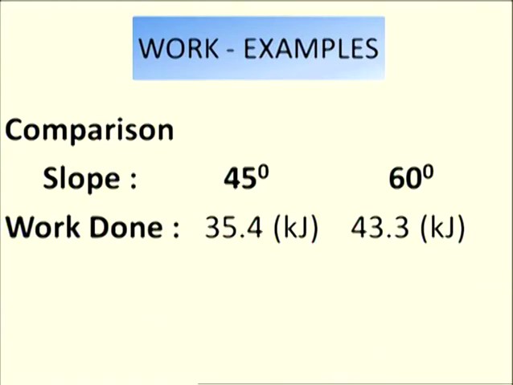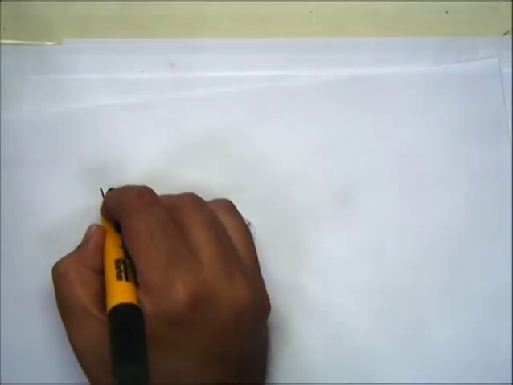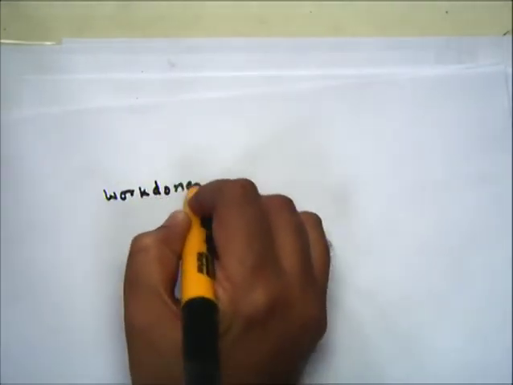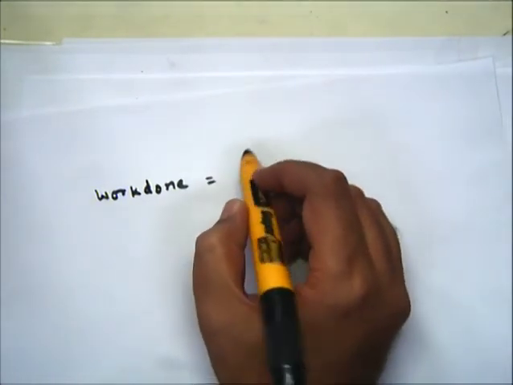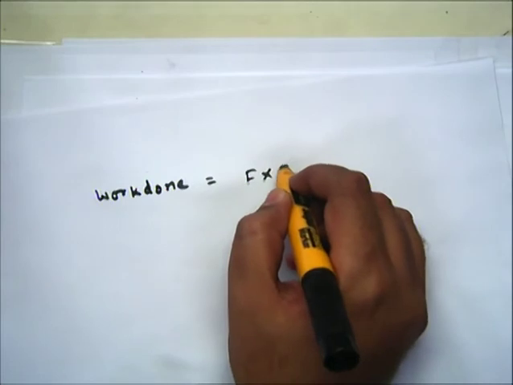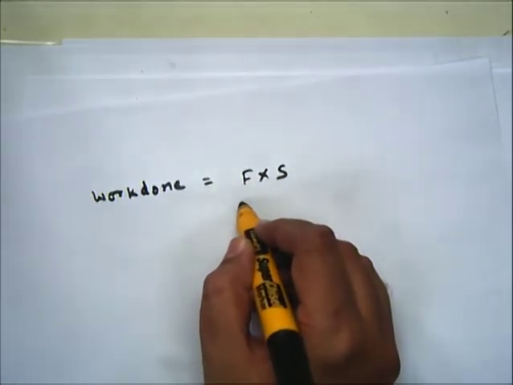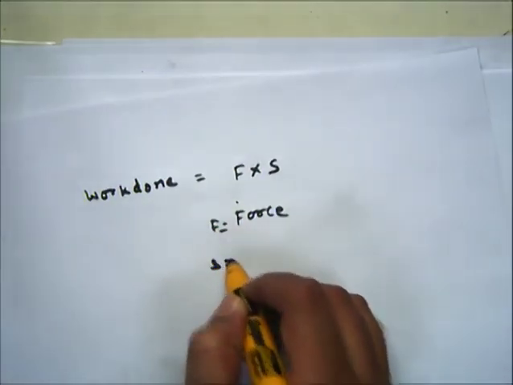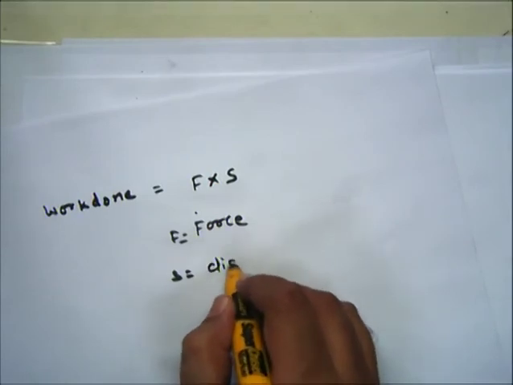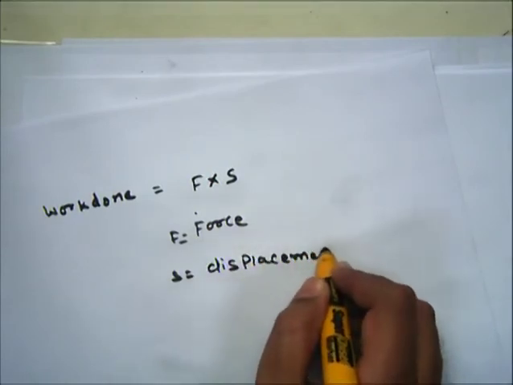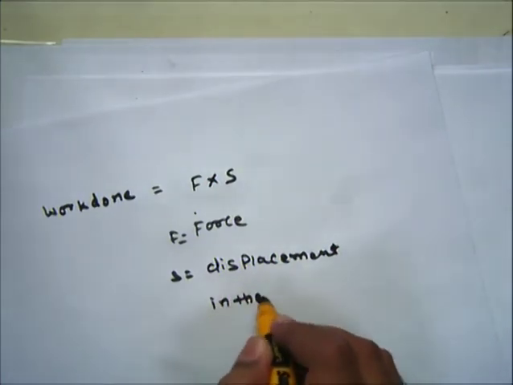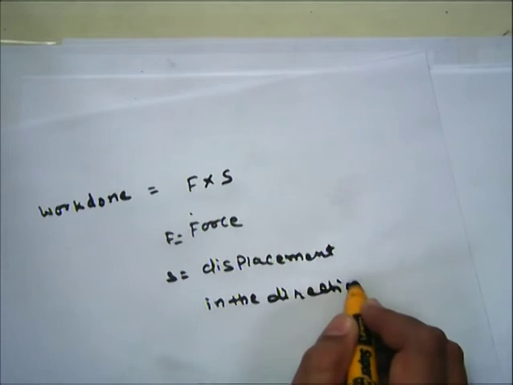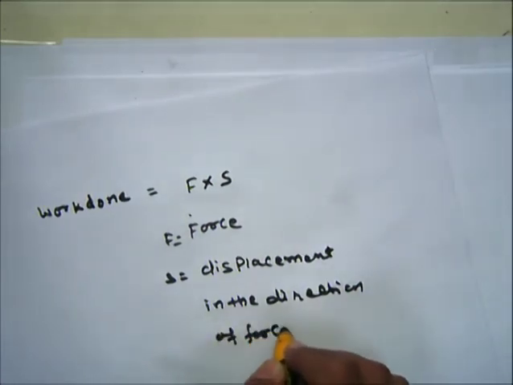Let us recall what we have discussed so far in work, power and energy. Work done is nothing but F into S, where F is the force and S is the displacement in the direction of the force.